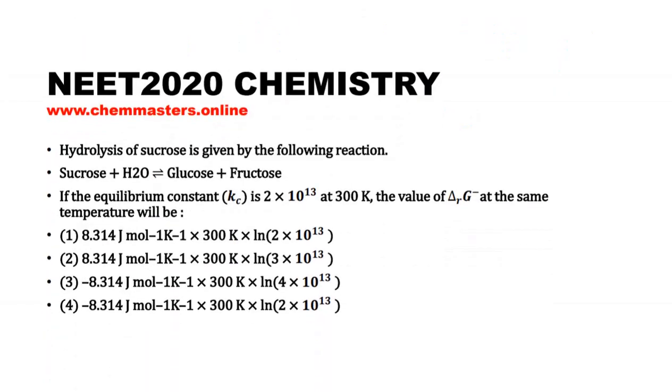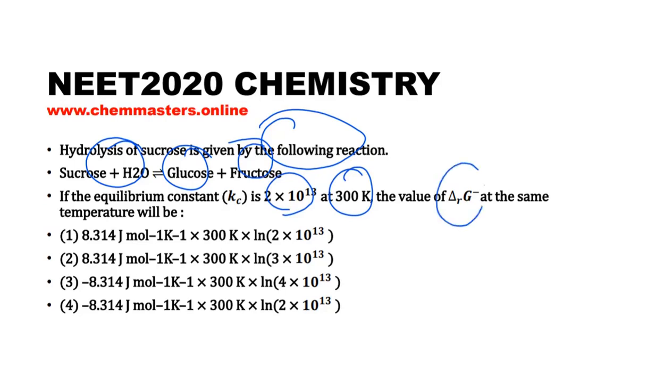Okay. Next one: hydrolysis of sucrose is given by the following reaction: sucrose plus water producing glucose plus fructose. If the equilibrium constant is given at 300 Kelvin, the value of delta G at the same temperature will be. So here we have the relation of delta G with the equilibrium constant as minus RT ln K equilibrium.